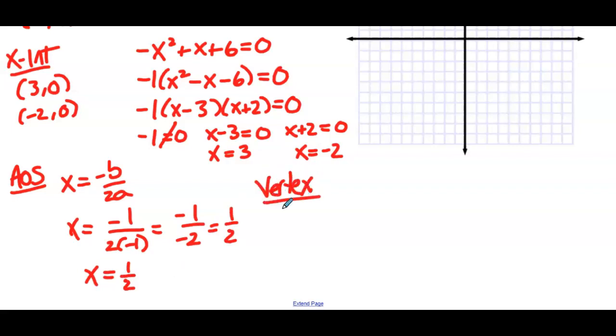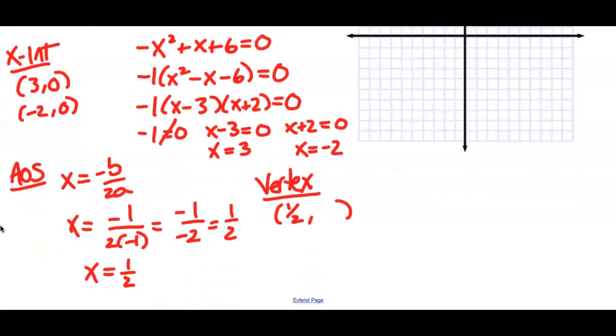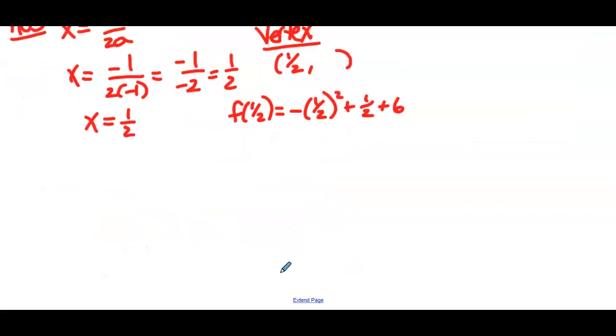So now we'll find the vertex, which is at 1/2, comma. Okay, we have to plug 1/2 into our function. So f of 1/2 equals negative 1/2 squared plus 1/2 plus 6. So we have negative 1 over 4 plus 1/2 plus 6.